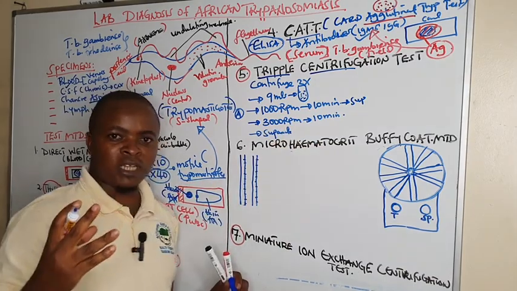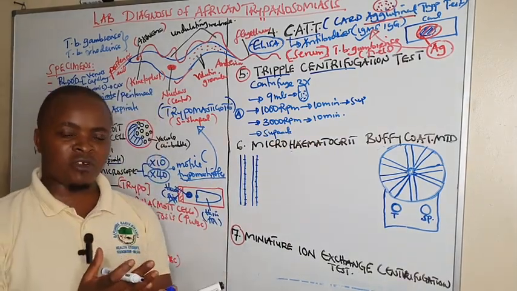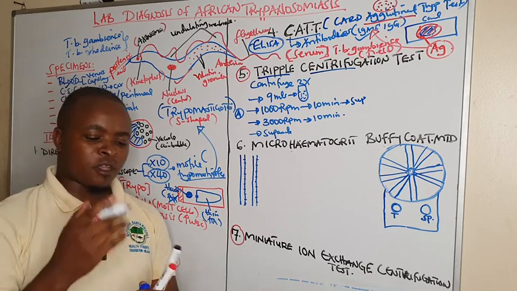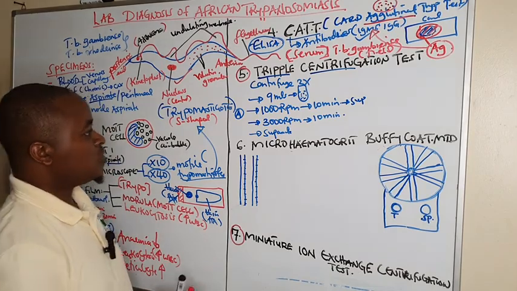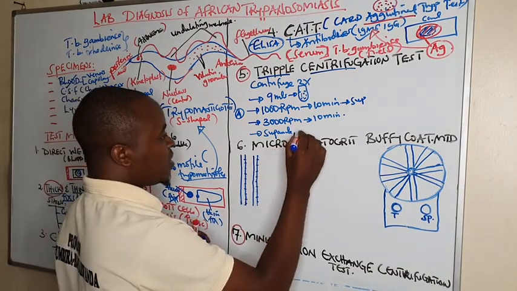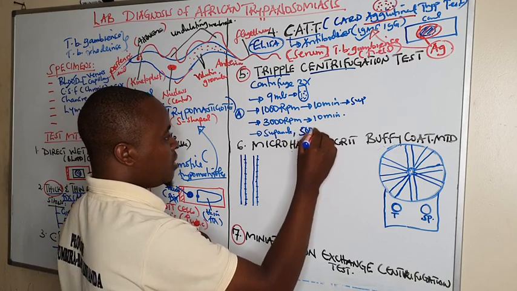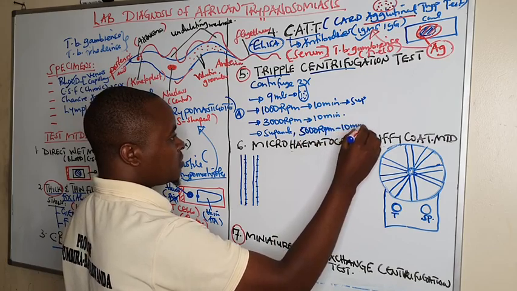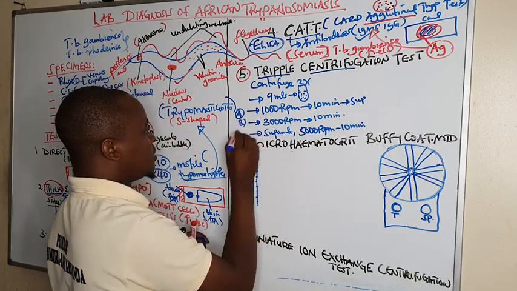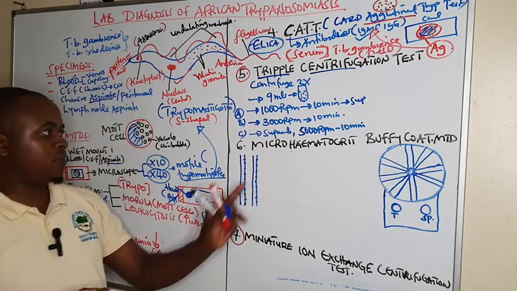You collect the supernatant together with part of the buffy coat, because trypanosomes are concentrated more in the buffy coat. So we centrifuge it further at 5,000 revolutions per minute, still for 10 minutes. So you can see we centrifuge 3 times.